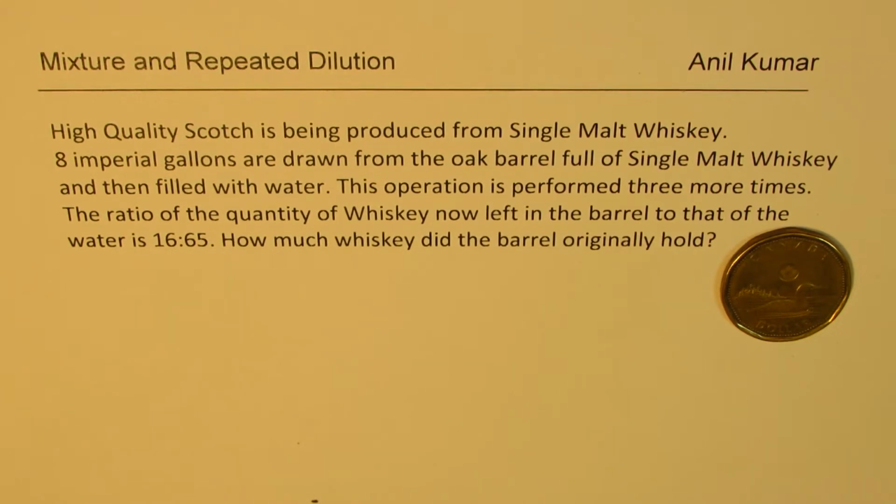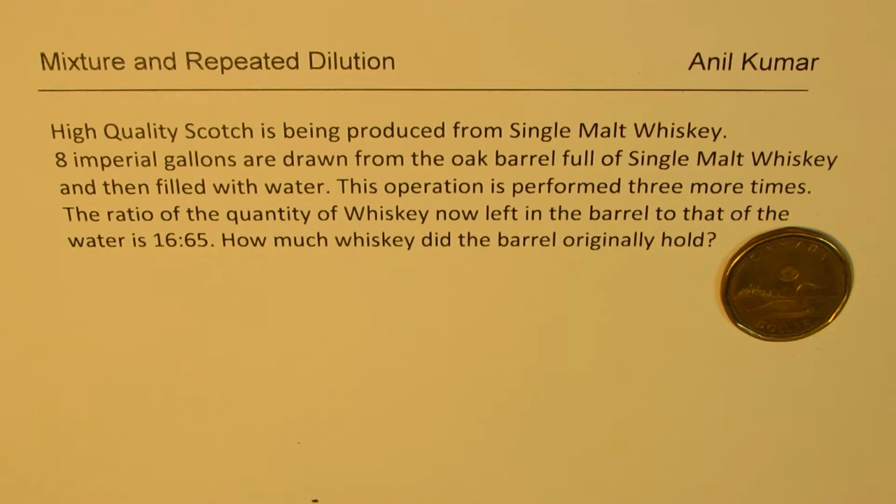Now let's see how to solve this kind of question. We'll not derive the formula here, but we will use the concept which we learned about compounding things. The compound interest formula is something which we can utilize here.